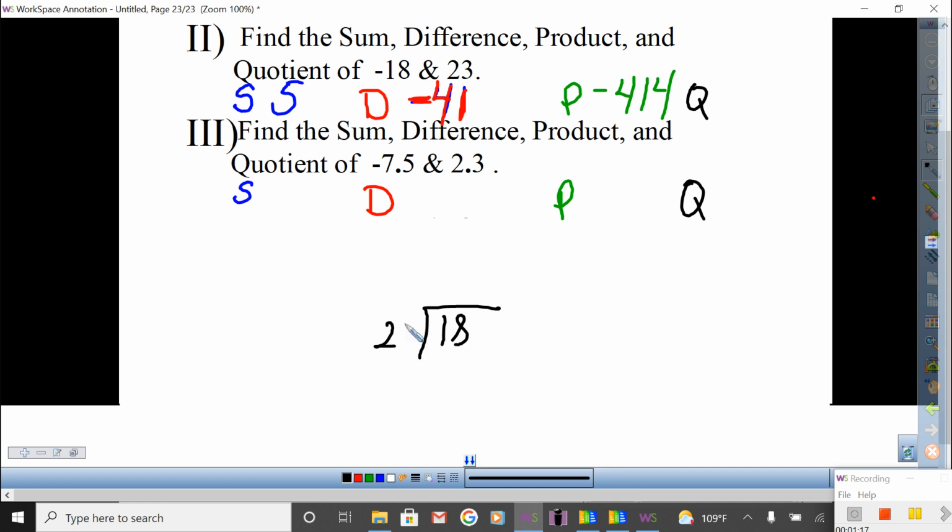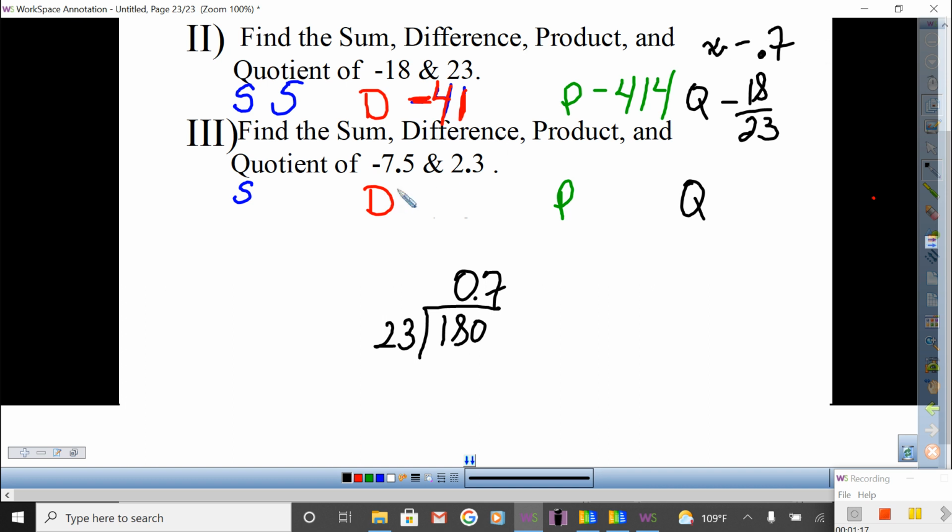So 18 divided by 23, so you can write this as a fraction, negative 18 over 23, and I'll take that answer. But if you did the division, 23 fits in there, let's see, into 180, is it 7 times? 7? So I'm just going to leave it as approximately negative 0.7 for right now.